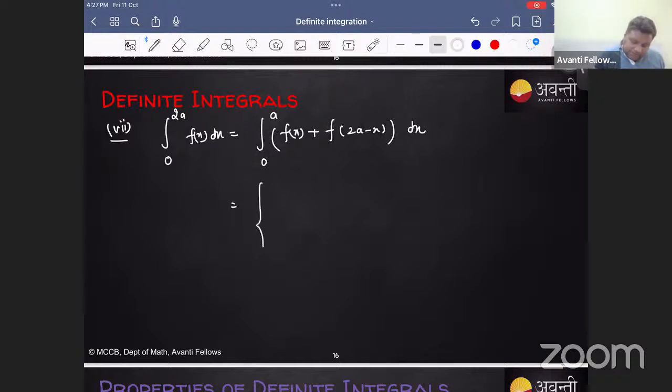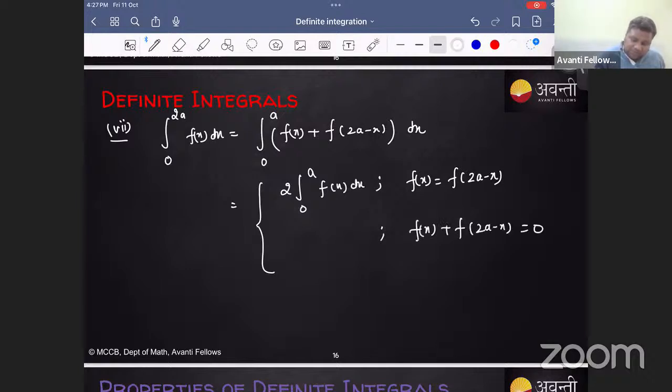And now as an extended version of it, if f(x) equals f(2a minus x), it is 2 times integration from 0 to a of f(x) dx. And if f(x) plus f(2a minus x) is 0, then it will be 0.